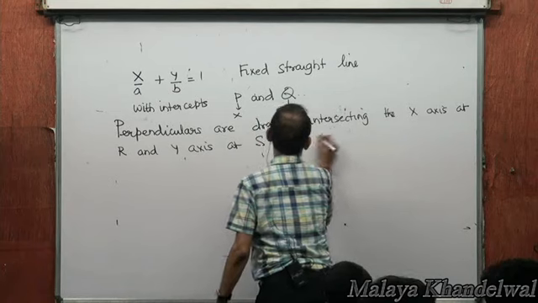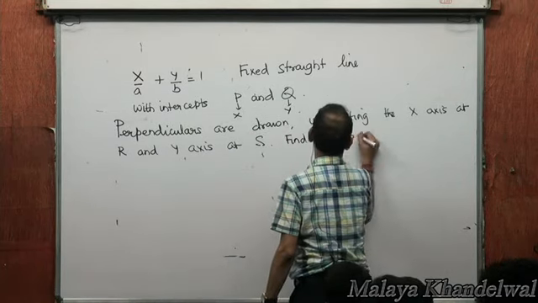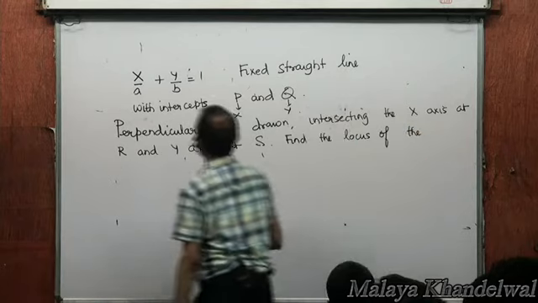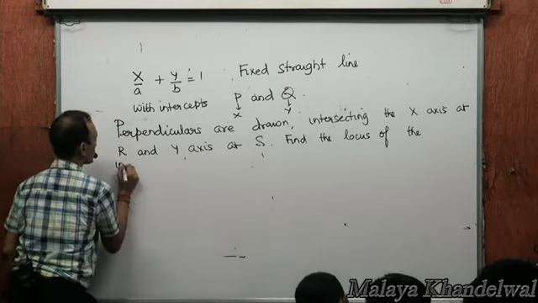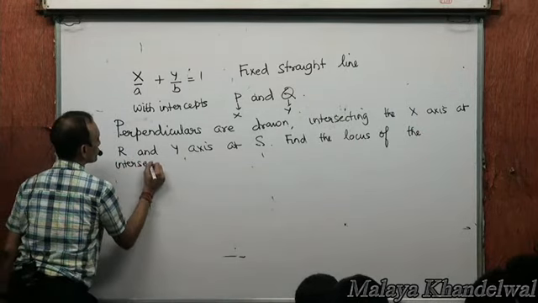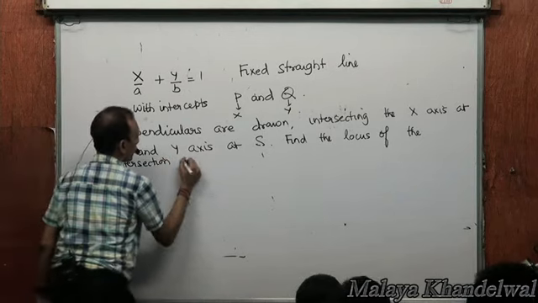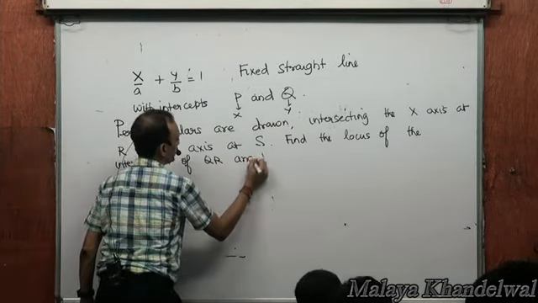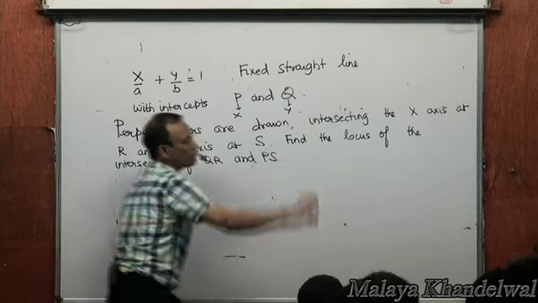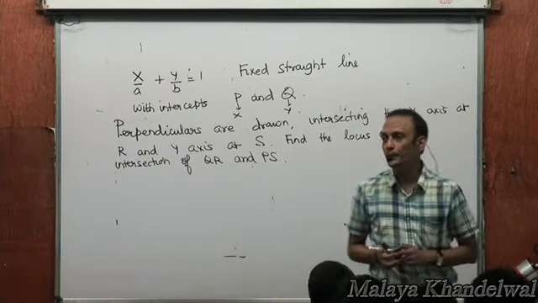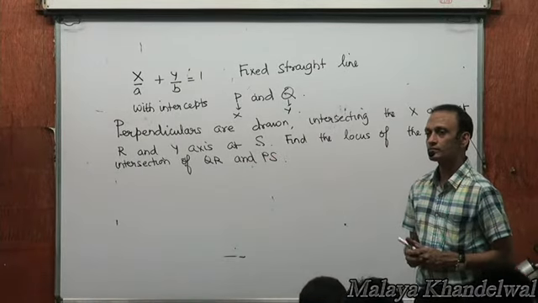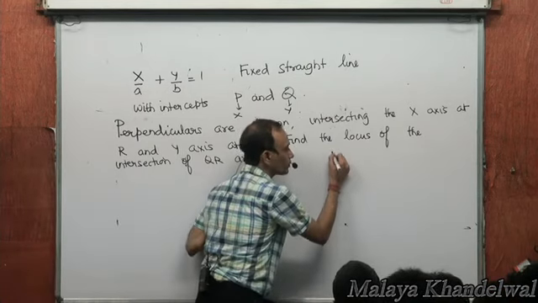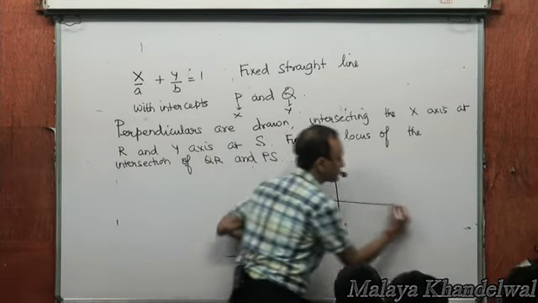Find the locus of the intersection of QR and PS. Find the locus of intersection of QR and PS. Okay, this problem. So there is a fixed line.